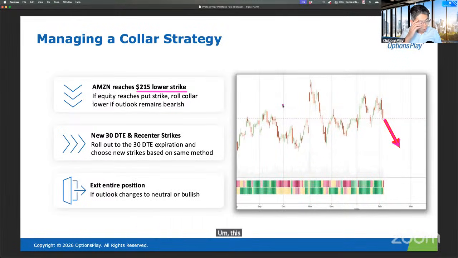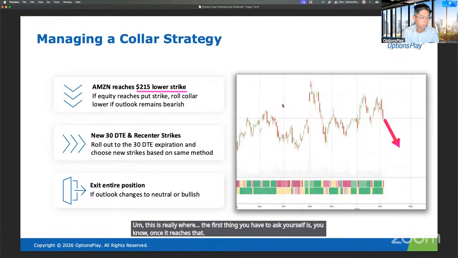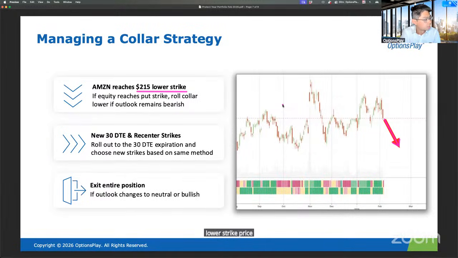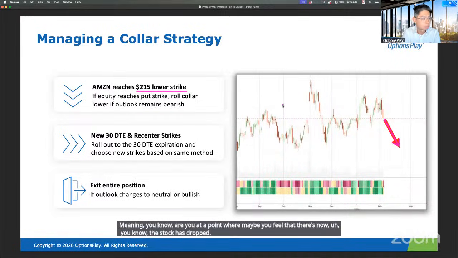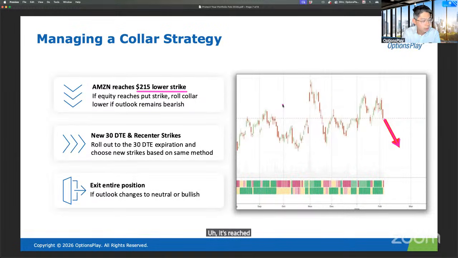this is really where the first thing you have to ask yourself is, once it reaches that lower strike price, does your outlook remain bearish? Meaning, are you at a point where maybe you feel that the stock has dropped, it's reached a prior support level, and now it could bounce from there, right?